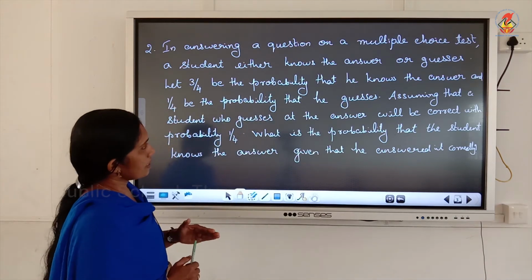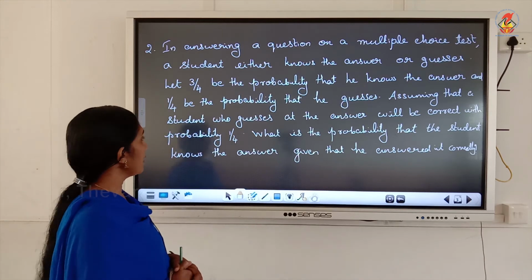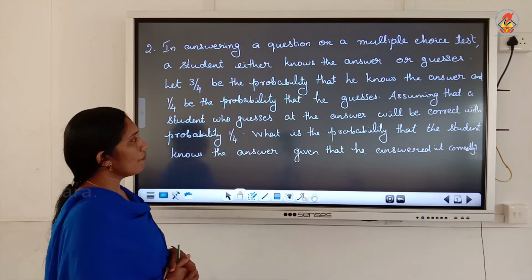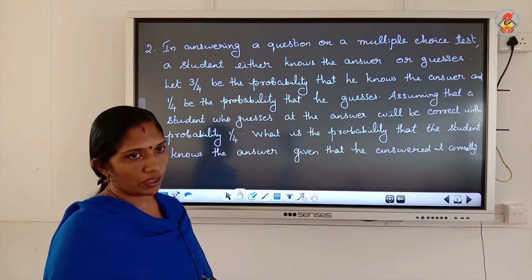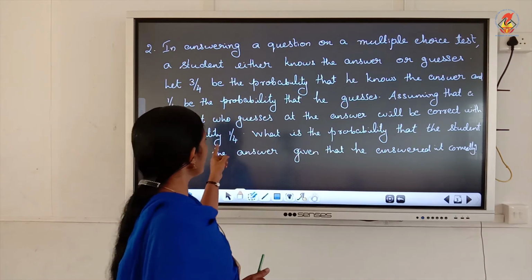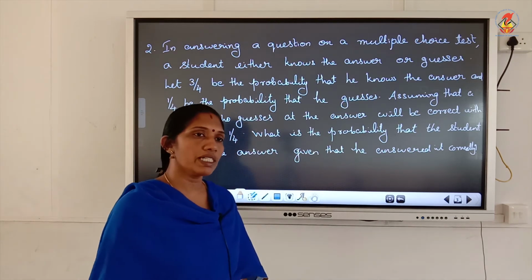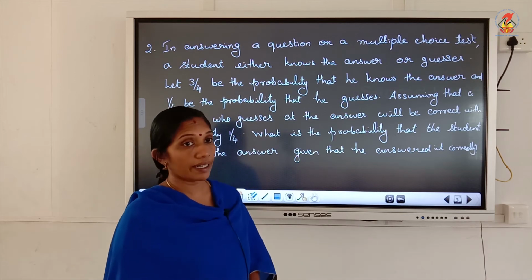Now what is the next step? Assuming that a student who guesses at the answer will be correct with probability 1 by 4. Okay, the student guesses, then the answer is correct; its probability is 1 by 4. So if the student knows the answer, what is the probability that the answer is correct?